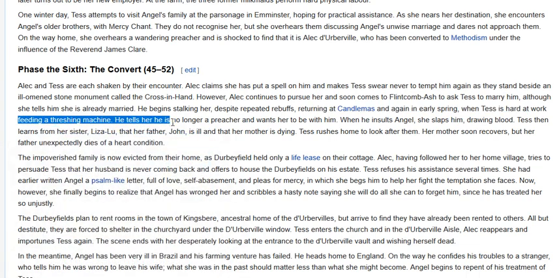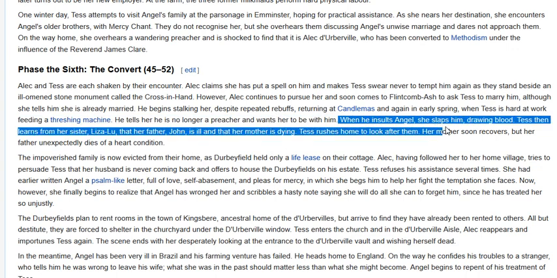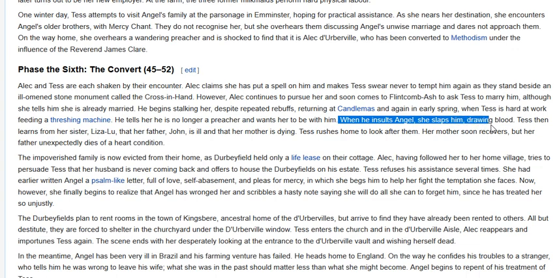He tells her he is no longer a preacher and wants her to be with him. When he insults Angel, she slaps him, drawing blood.